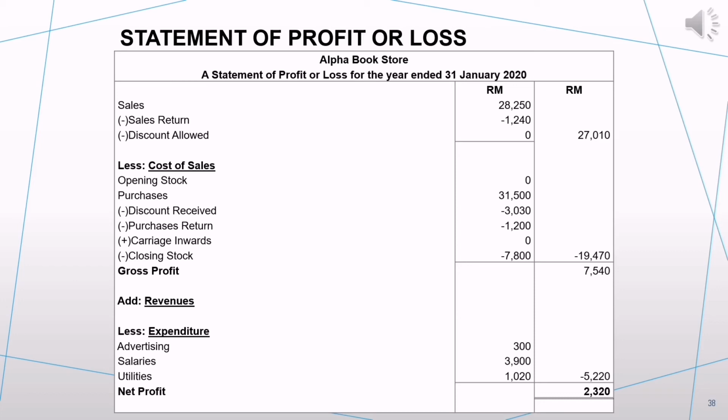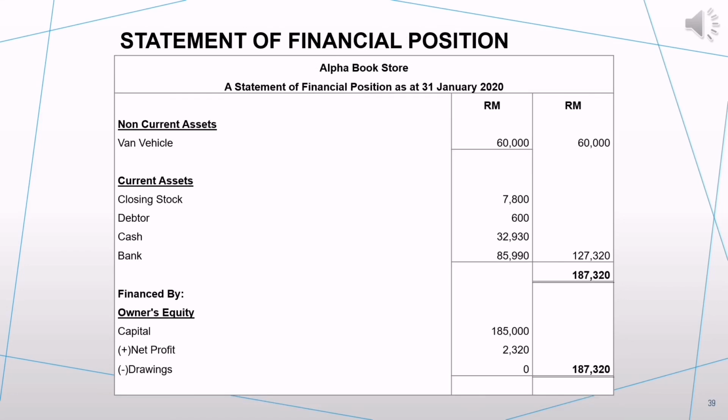After that, we need to calculate the expenditure, which is amounting to 5,220. Then we minus it from the gross profit that we got earlier, and then we will get the net profit, which is 2,320.